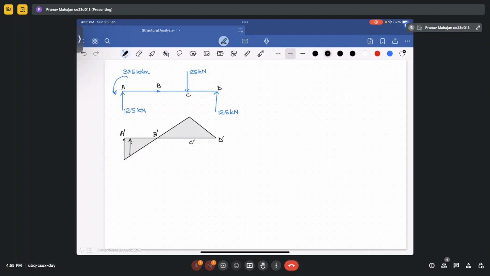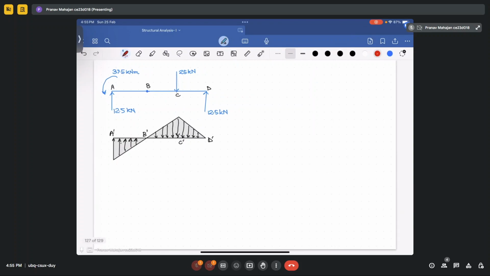And this will be your loading diagram. Okay. So this is your M by EI diagram of the conjugate beam. It has a value of 37.5 EI here and 37.5 EI here.